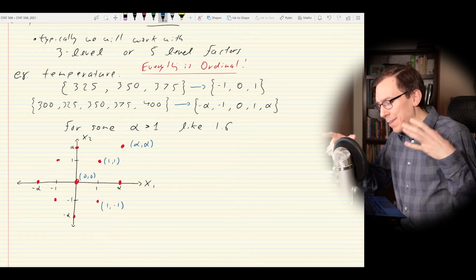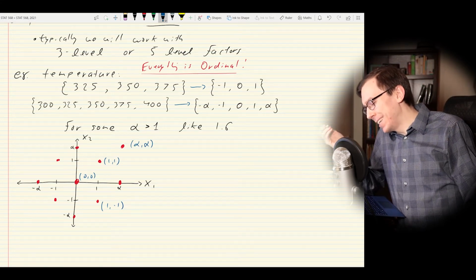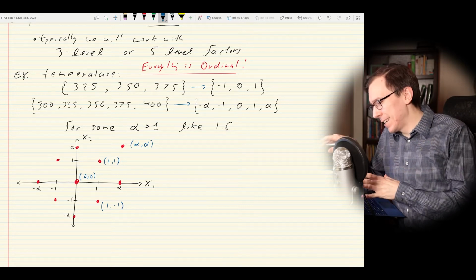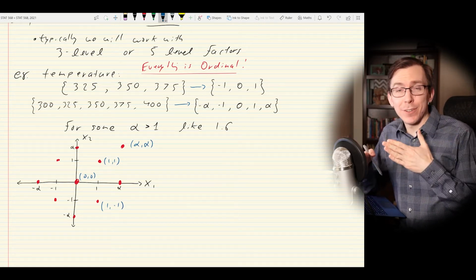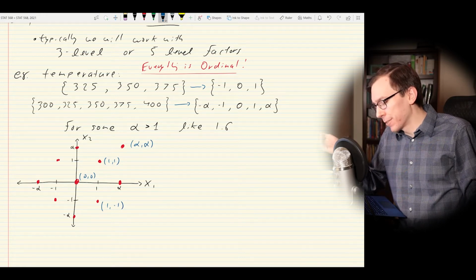So the idea is that we have a plane, or we might have 3 or more variables as well. But for the sake of drawing it out and explaining it, we have a plane, we have two variables, and we need to pick some points as to where to sample from.